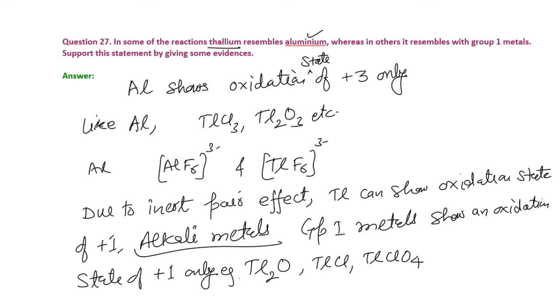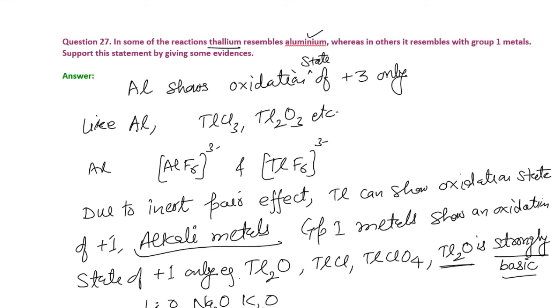Tl2O is strongly basic, just like group 1 metal oxides like Na2O, Li2O. That's why thallium resembles aluminium as well as group 1 metals.